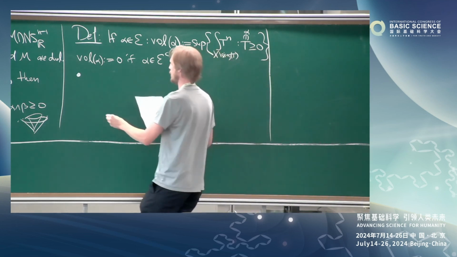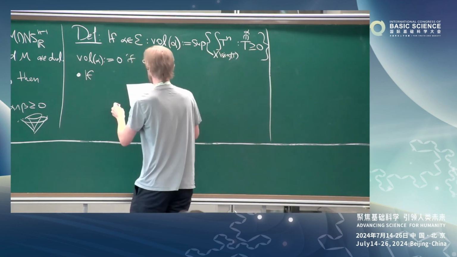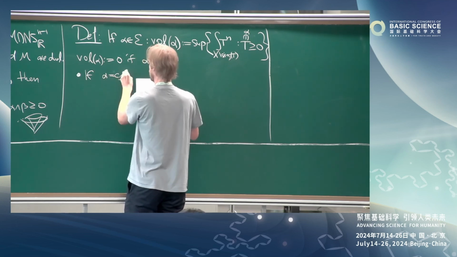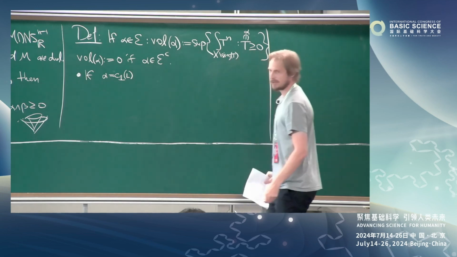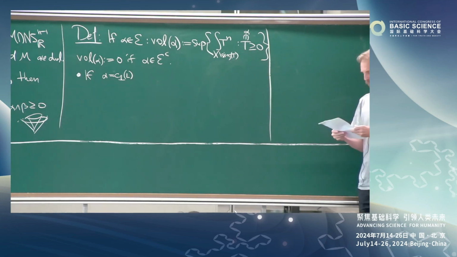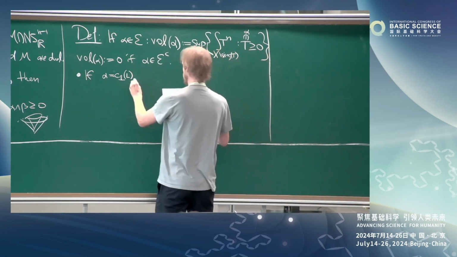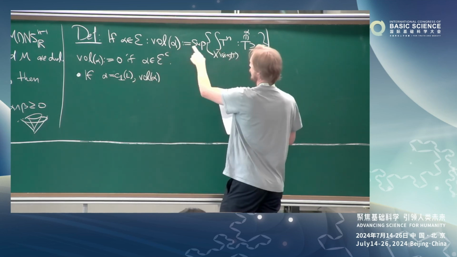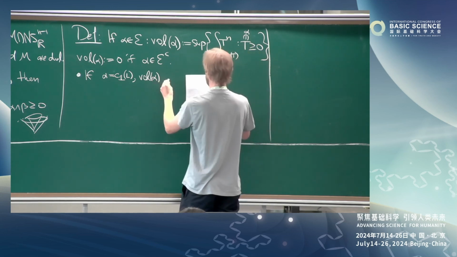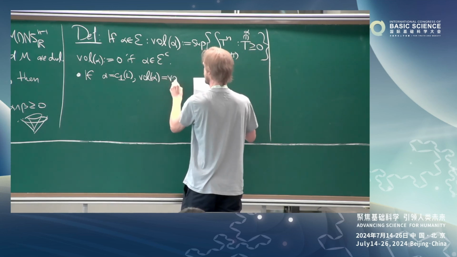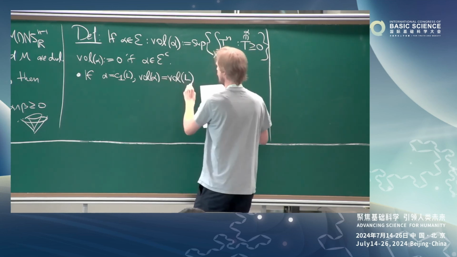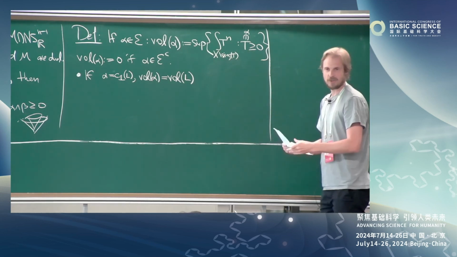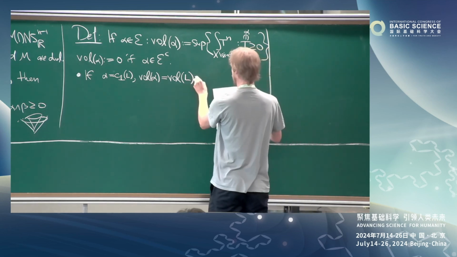So first, if the class happens to be the first Chern class of a line bundle, then this volume that is defined here will be the same as the volume of the line bundle, which was introduced earlier, and which is defined in the following way.